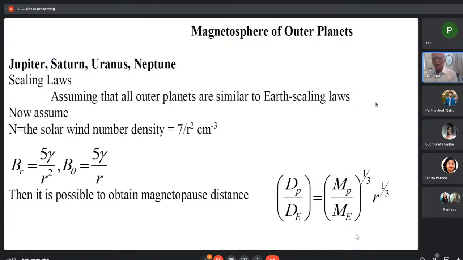If you put them in, you can find dP and dE separately. And if you find the ratio, it is the ratio of the magnetic moment of the planet to the magnetic moment of the Earth to the power 1/3, and r to the power 1/3. That is the variation one can see of the magnetopause distance. So it varies with r, and also with the magnetic moment. So dP can be compared to dE, the magnetopause distance of the Earth.